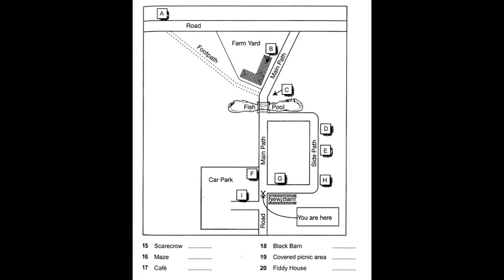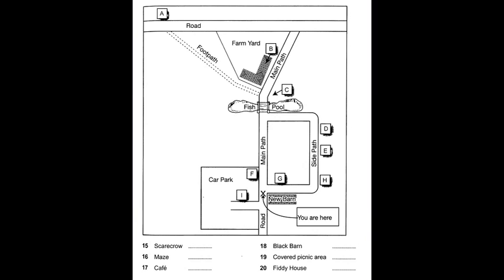Now, I mustn't forget to tell you about picnicking, as I can see some of you have brought your lunch with you. You can picnic in the field, though do clear up behind you, of course. Or, if you'd prefer a covered picnic area, there's one near the farmyard. Just after you cross the bridge, there's a covered picnic spot on the right.